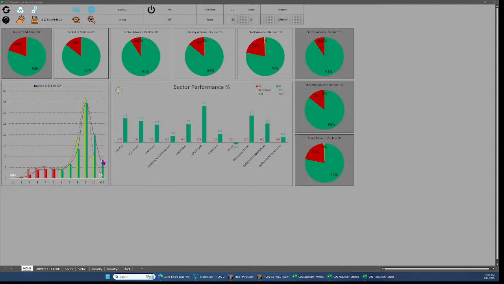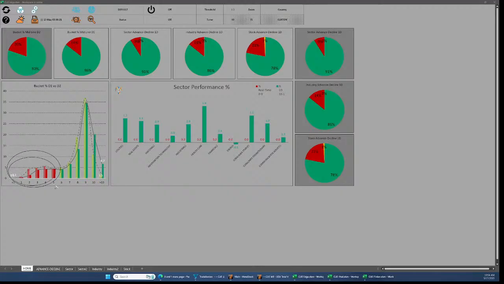What does it mean? That also means that some rotation went on. The stocks that were leading earlier above upper Bollinger Band, they pulled back, and the stocks that were, for example, below the mid Bollinger Band.